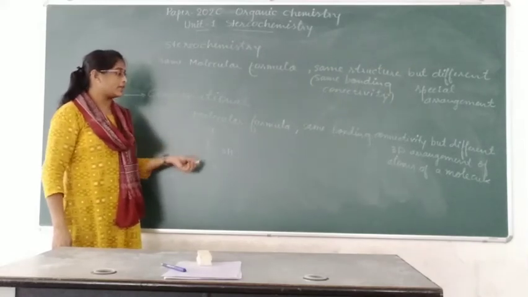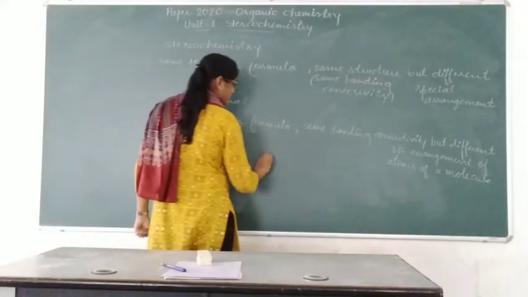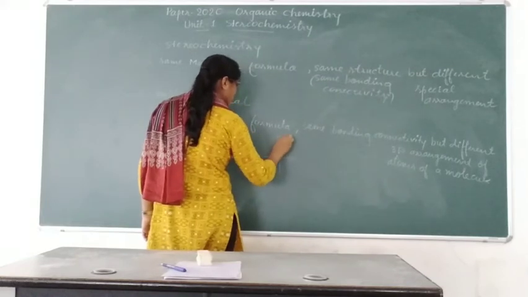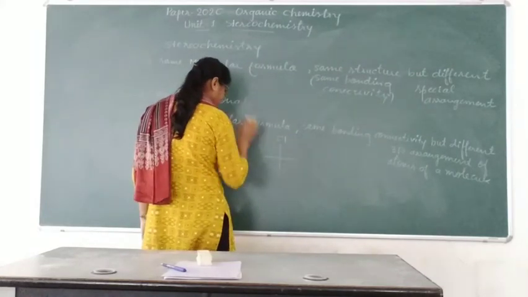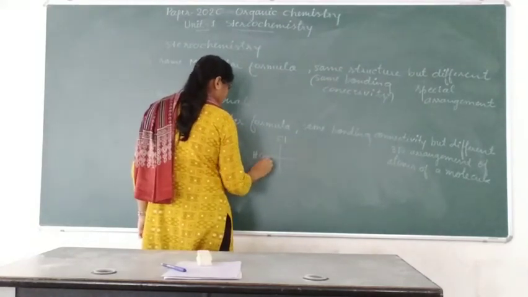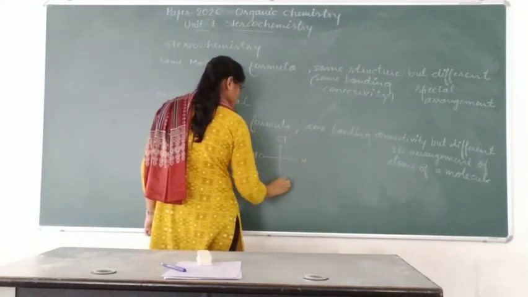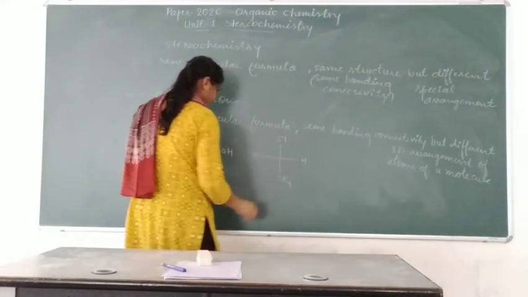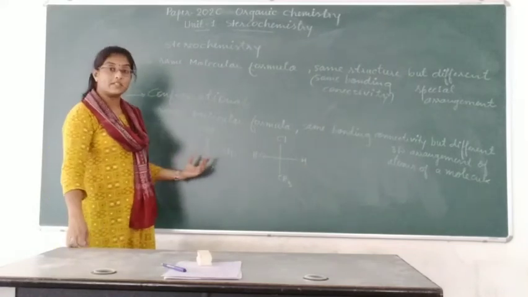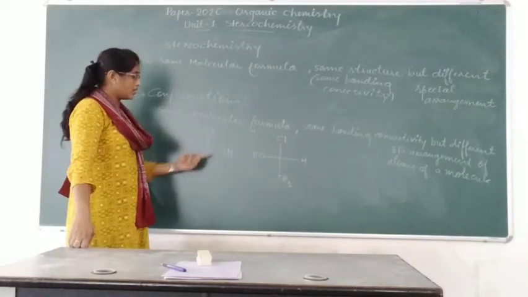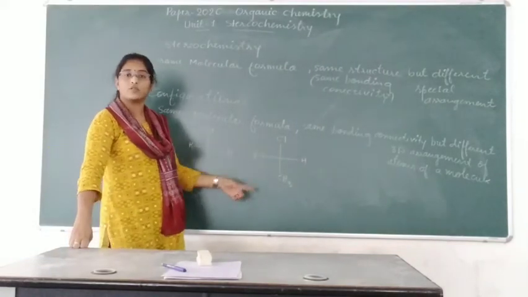Same bonding connectivity means here also, so another isomer has the same bonding connectivity but different spatial arrangement. Spatial arrangement is different. You can see here this is different and this one is also different.